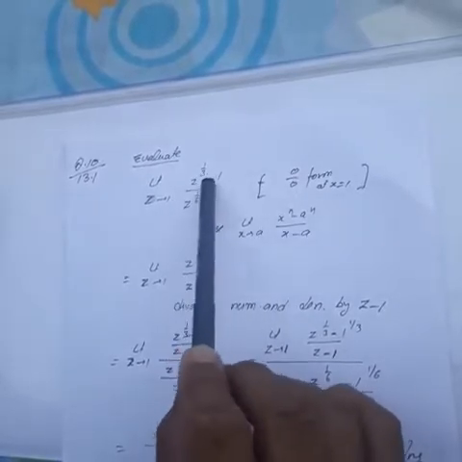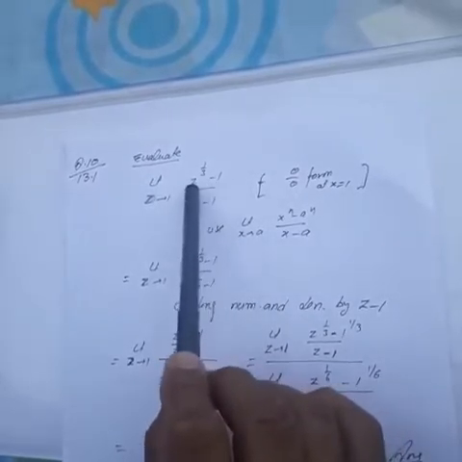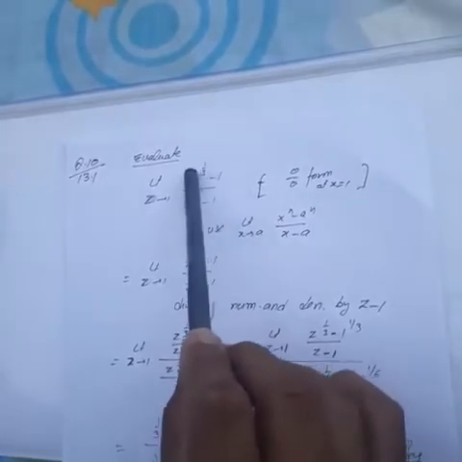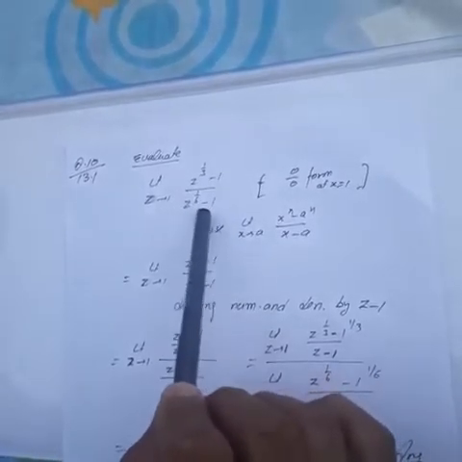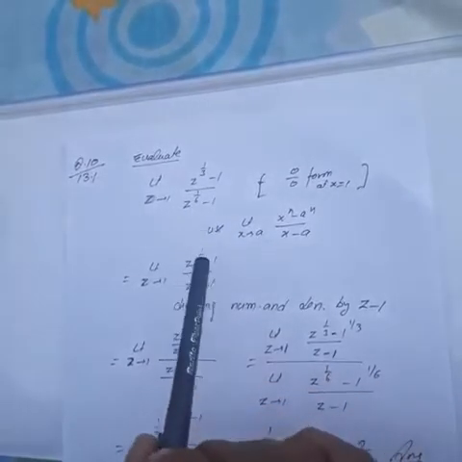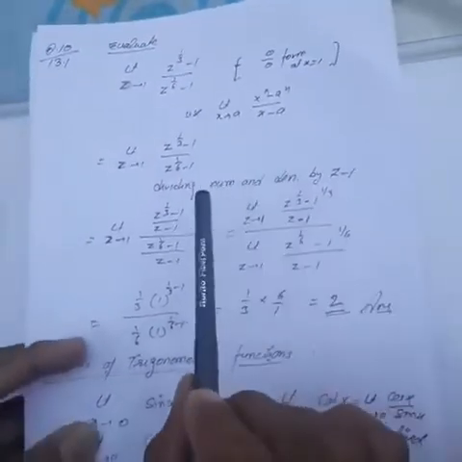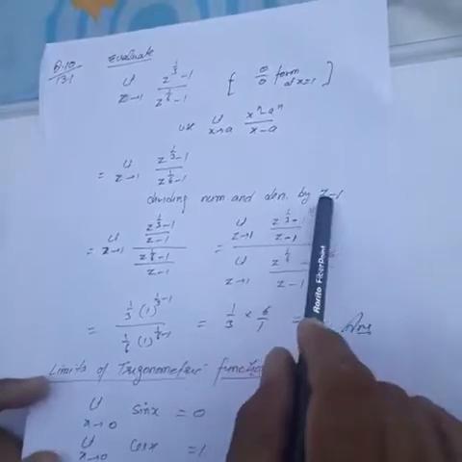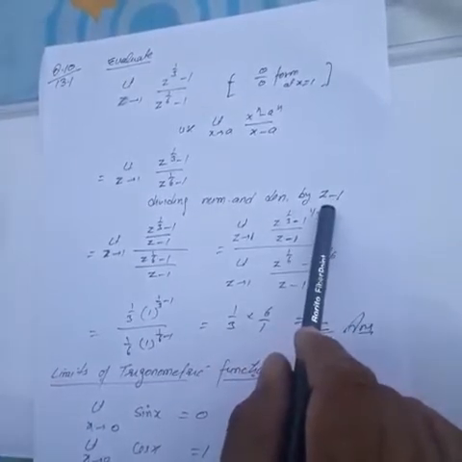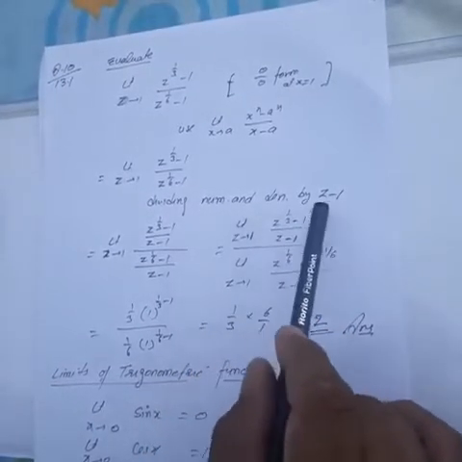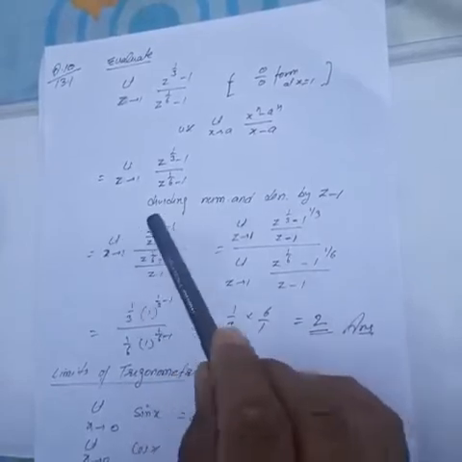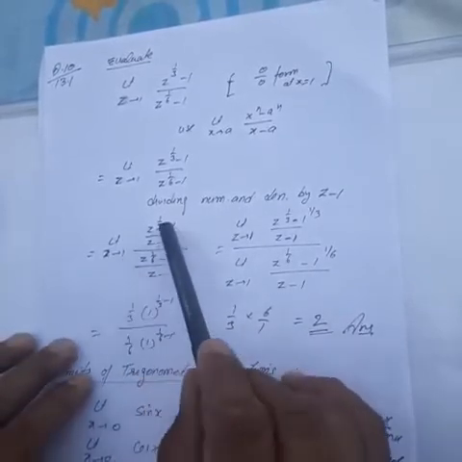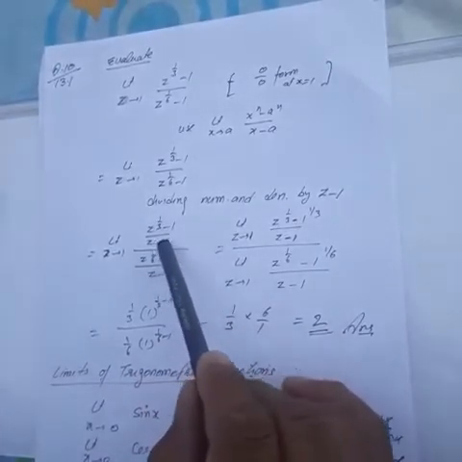It means if in the numerator we will have z minus 1, then we can apply the formula here. Similarly in denominator. So to reduce this into standard form, we will divide numerator and denominator by z minus 1. So we will have z tends to 1, z raised to 1 by 3 minus 1 upon z minus 1.